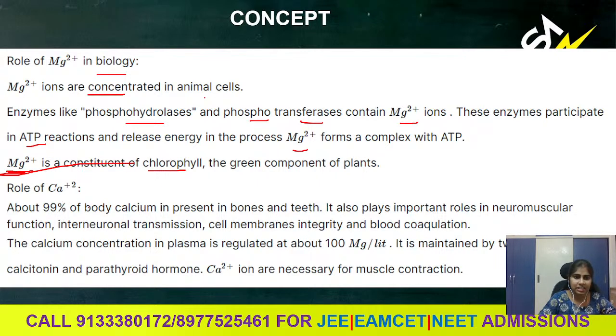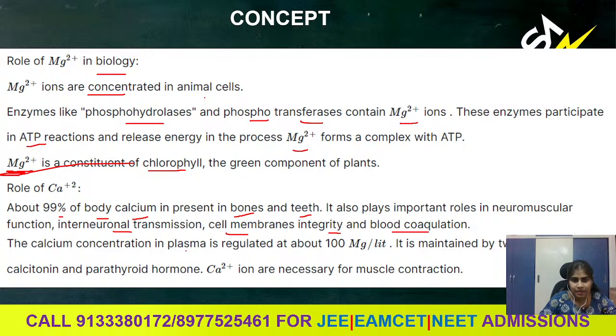And what about calcium? 99% of body calcium is present in bones and teeth. It also plays an important role in neuromuscular function and interneuronal transmission, cell membrane integrity and blood coagulation. So these are important roles of calcium.